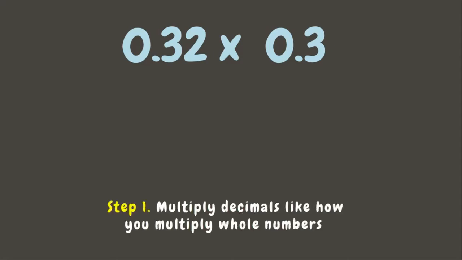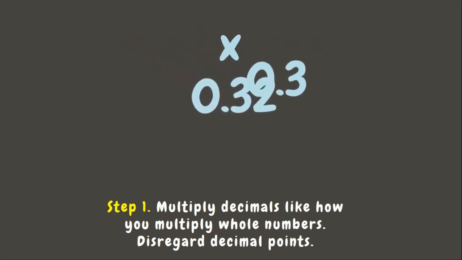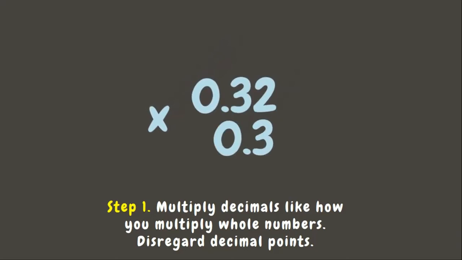In multiplying decimals, it is different from adding and subtracting. Here, we don't have to align the decimal places. We are just simply going to multiply decimals like how we multiply whole numbers. At this point, disregard the decimal points.